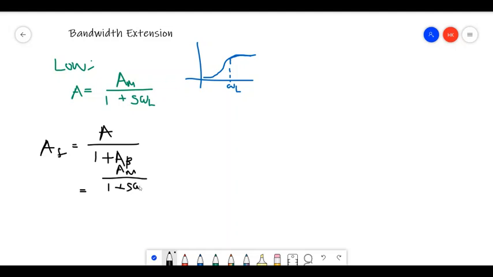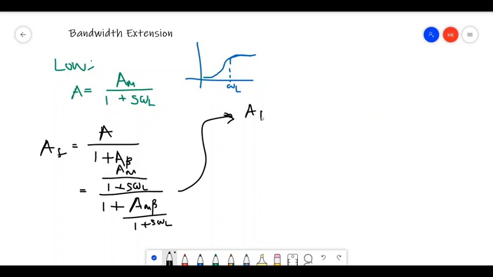You just have to substitute this one for A. Then it will be like this, right? If you simplify this and write the final answer, it's very much like the previous one.